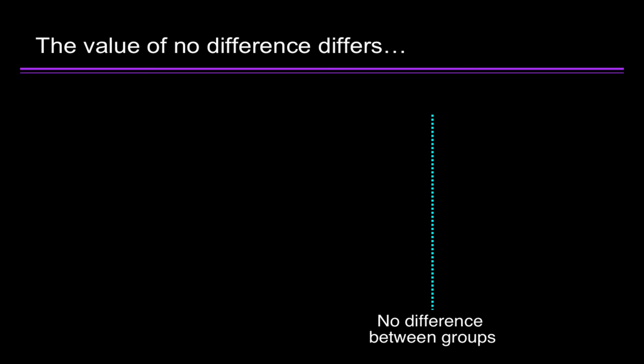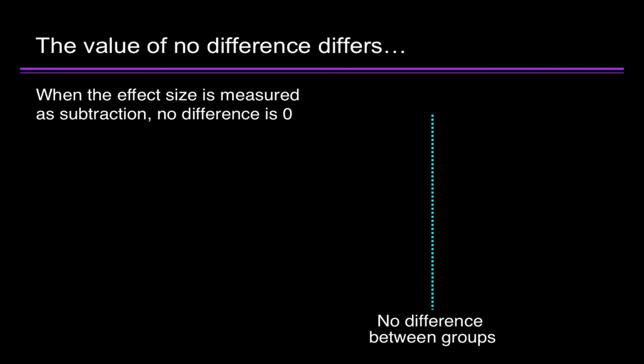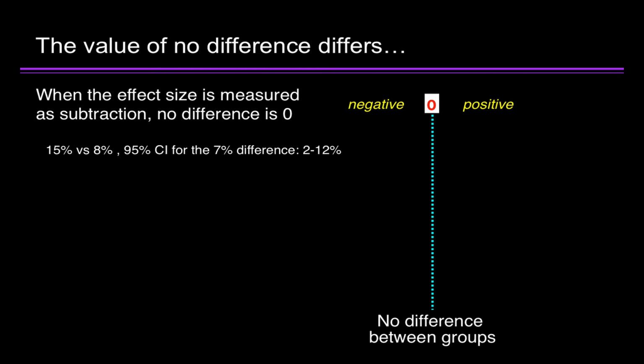Wow, that's complicated. When the effect size is measured as subtraction, say subtracting the mean of one group from the mean of another group, no difference is 0. So that means the no difference line is 0, and on one side is negative, the other side is positive. For example, 15 versus 8%, 95% CI for the 7% absolute difference, 2 to 12%, those are all positive numbers.